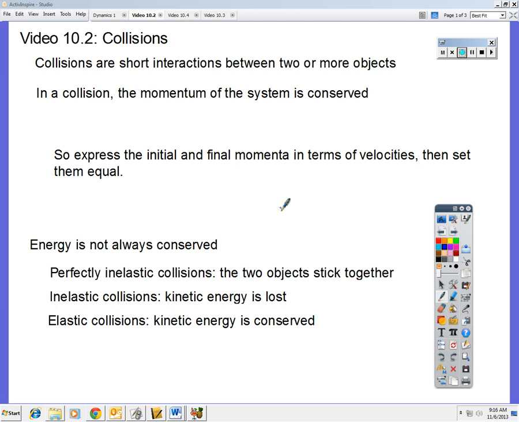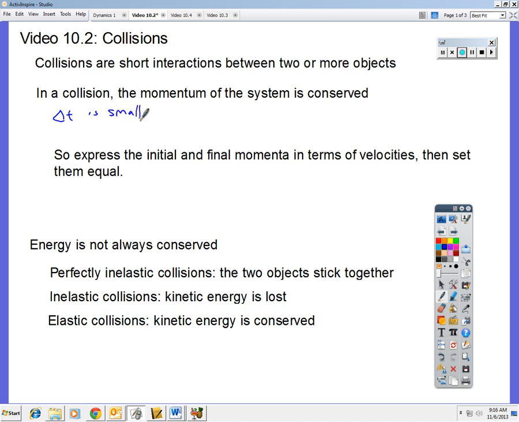So there's some well-defined initial condition of the system, then some interaction, then some well-defined final condition. And we'll see that in any collision, the momentum of the system will be conserved, which arises from the fact that the interaction is very short. So delta t is small.